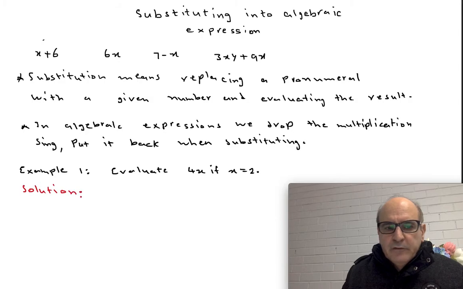First of all, we know that x is 2, so this x here is going to be replaced by 2. The other thing is, remember, there is a times between 4 and x. We're putting that times sign back. So 4 times x, and x is 2. So 4 times 2, which is equal to 8. As simple as this.